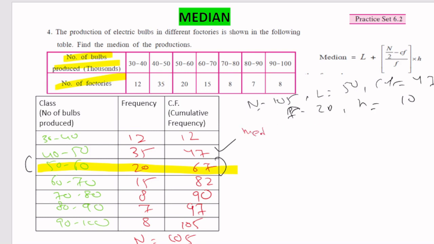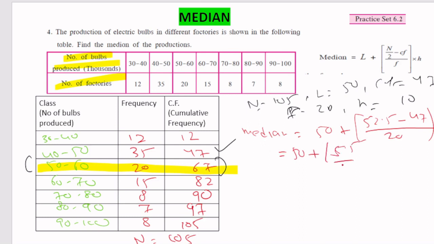So median is equal to L, capital L, 50 plus n by 2, so that will be 52.5 minus cumulative frequency 47, divided by frequency 20, into class size, so that is 10. Solve it further. 50 plus 5.5 divided by 20 into 10.